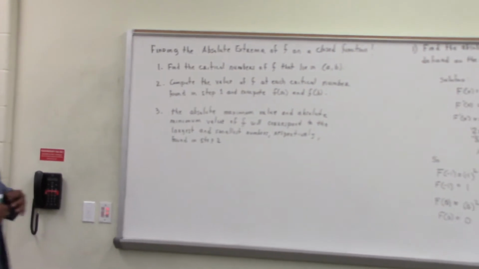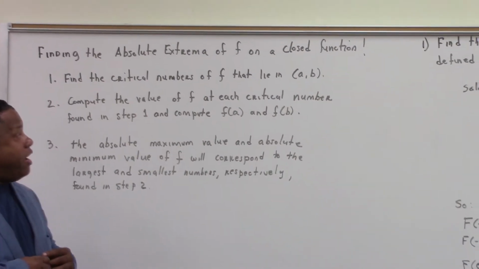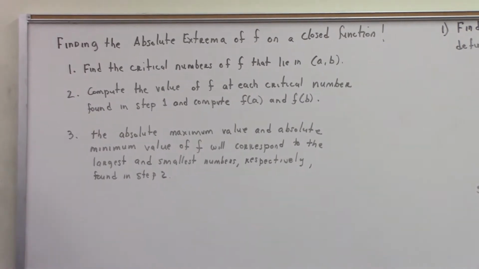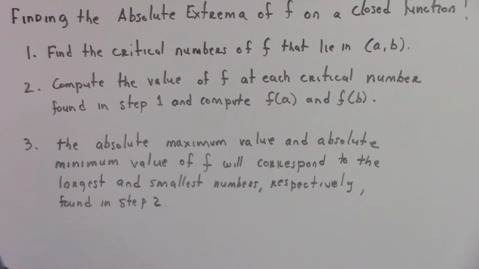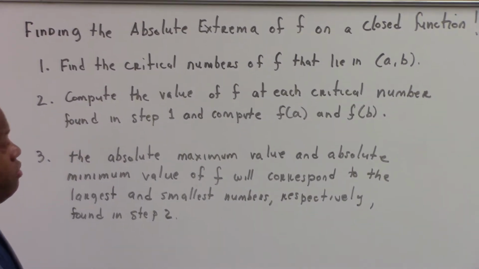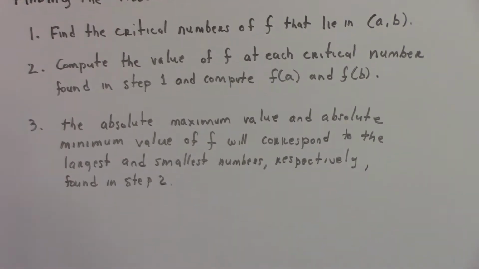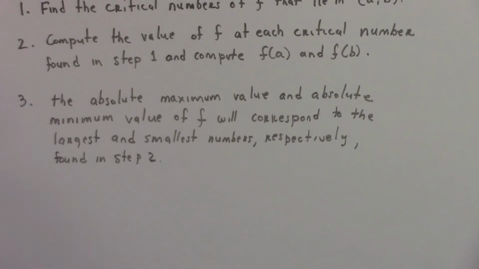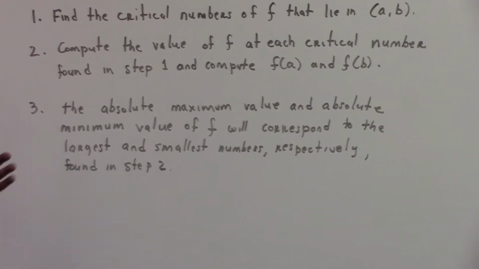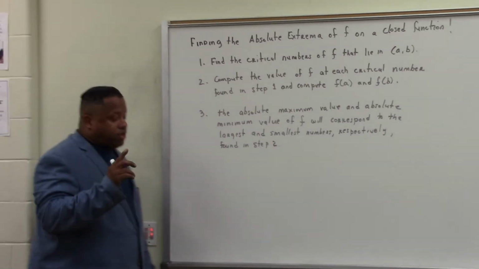And absolute extremas is when we find the critical numbers of f that lie in the interval of a, b. We compute the value of f at each critical number found in step 1 and compute f of a and f of b. And the absolute maximum value and the absolute minimum value of f will correspond to the largest and smallest numbers respectively found in step 2.